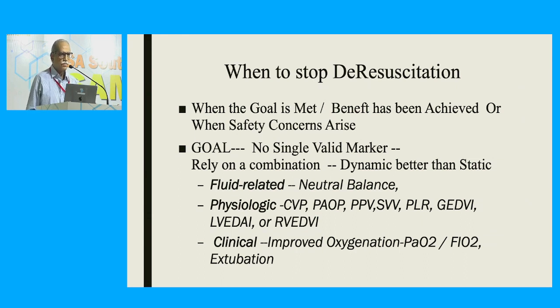And for the goal, remember that none of these validated markers are perfect. So you have to have a combination of the markers, and the dynamic markers are definitely better than the static. The fluid-related marker is definitely the neutral balance. Physiologically, you can look at the CVP, PAOP, PPV, SVV, PLR, global end-diastolic volume index, left ventricular end-diastolic area index, or right ventricular end-diastolic volume index.